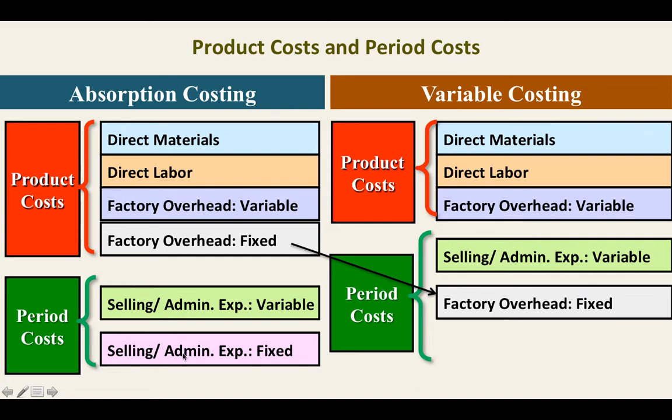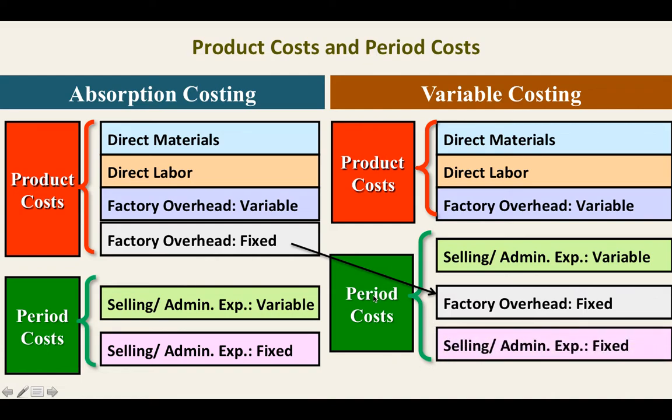And then the selling admin na fixed will be part also of period cost. Okay? So, here's a variable costing. Lahat lang ng variable ang product cost. Yung factory overhead fixed will become period cost as well as the regular selling admin expense variable and the selling admin fixed. Okay?